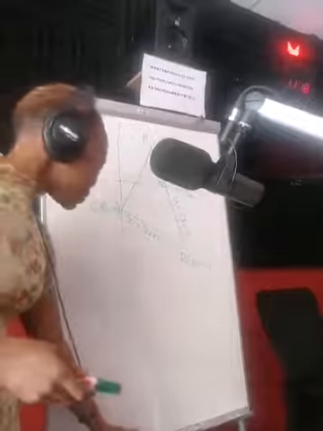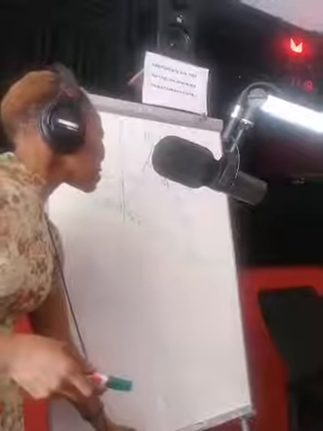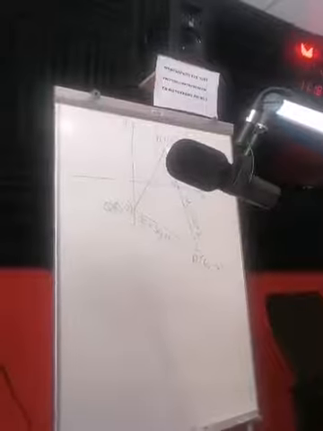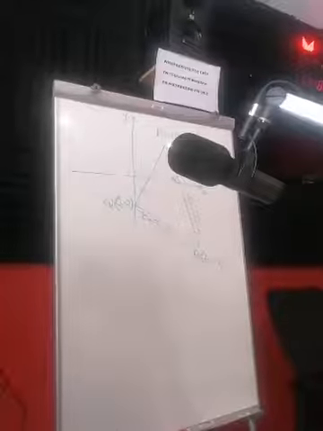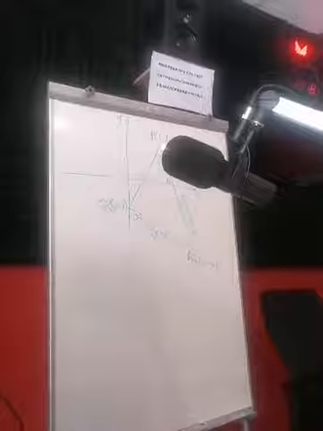Okay, when we look at the two lines, line PQ and line PR, they are intersecting the x-axis. So we are going to calculate the angles of inclination of those two lines.